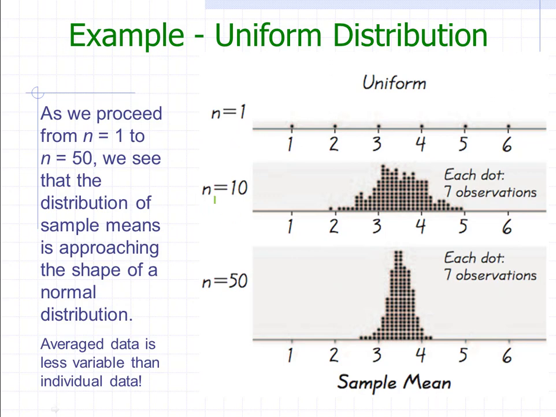If we take our sample size to 10 and take many samples of size 10 from our population, notice what happens. It gets closer to normal, and our spread becomes less. When we up our sample size to 50, it's even closer to normal, and our spread is even less, because average data is less variable than individual data.